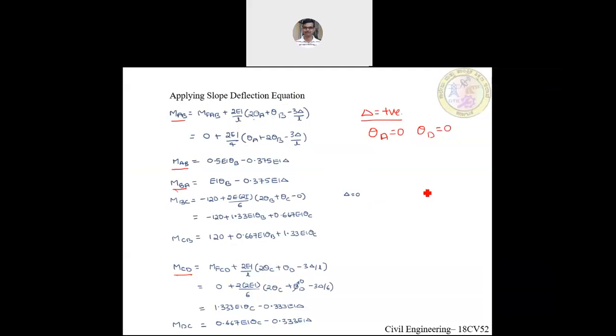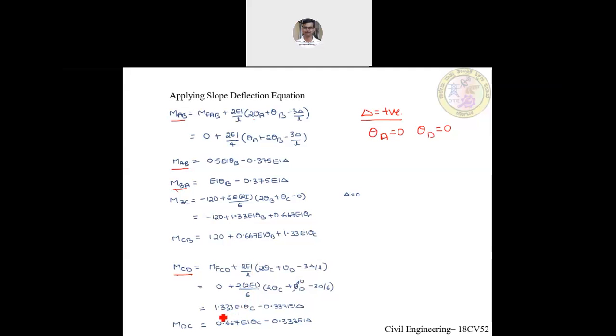Now MBC is equal to, on simplification, 120 plus 0.667 EI theta B plus 1.33 EI theta C. MCD is equal to MFCD plus 2EI by L into 2 theta C plus theta D minus 3 delta by L. Again, we'll substitute theta D equal to 0 and EI of that member is 2EI.